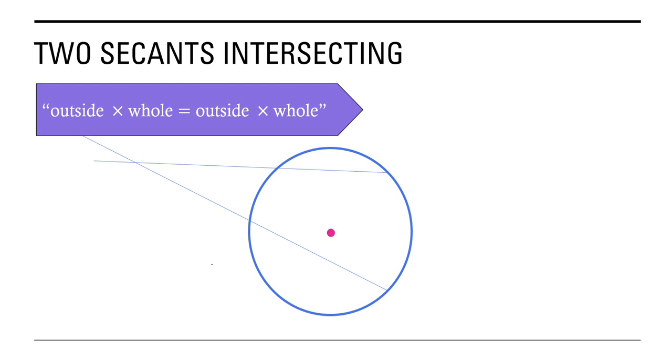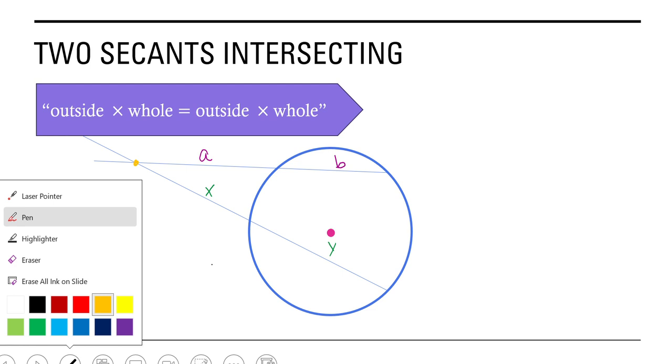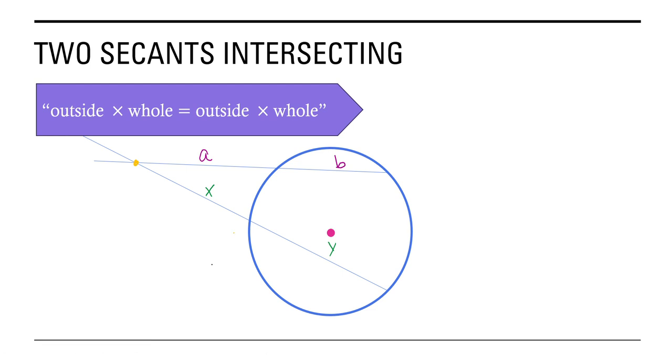Another situation is that my 2 secants intersect outside of the circle, and we can label those line segments. And for this one, it's going to be the outside part times the whole line segment.